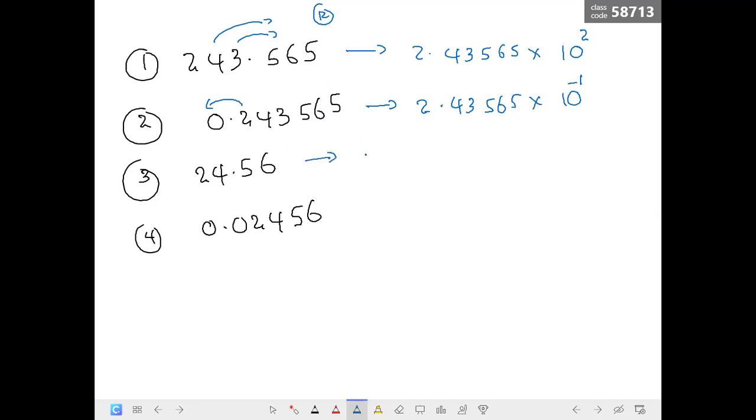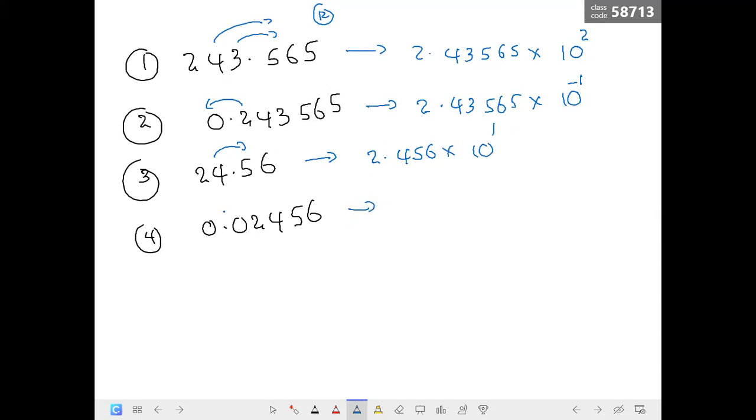In here, we have to move 1 digit. 2.456 times 10 to power, we moved 1. We moved it to the right side, therefore +1.